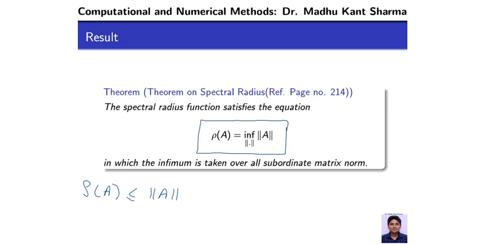This implies the spectral radius of A is less than or equal to the infimum over norm A, since the infimum is the greatest lower bound. The reverse direction requires some theory, so we are just skipping the proof of this result. Okay, right.